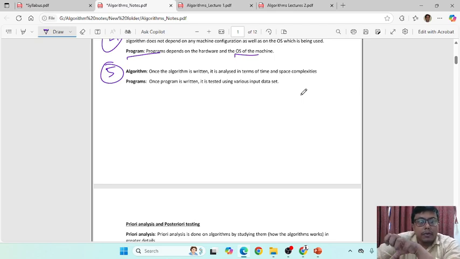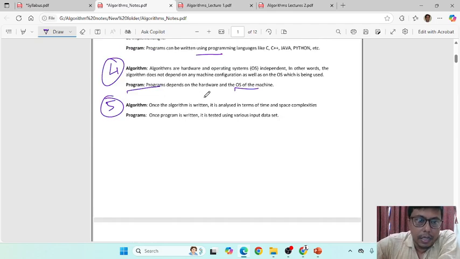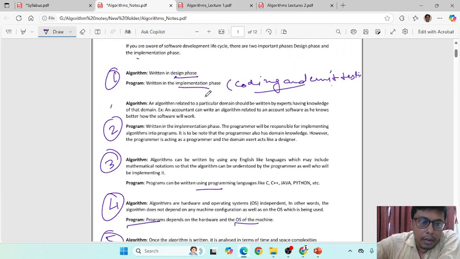The less memory a program acquires, the more effective it is considered. So memory utilization is also an important aspect as far as the testing of a program is concerned. We will also see this in the subsequent lectures. This is, all in all, the difference between algorithms and programs.